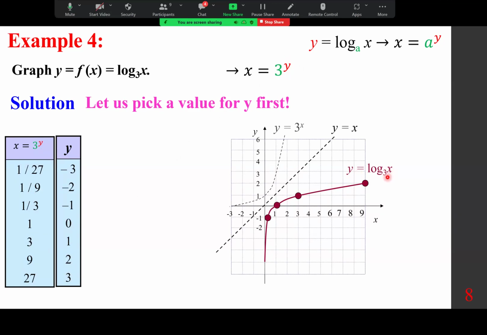So y equals log x base 3 and y equals 3 to the power of x, same base. These two are inverse functions, therefore symmetric with respect to the line y equals x. If it's y equals log x base 5, then it should be 5 to the power of x. If it's log x base 7, it should be 7 to the power of x.